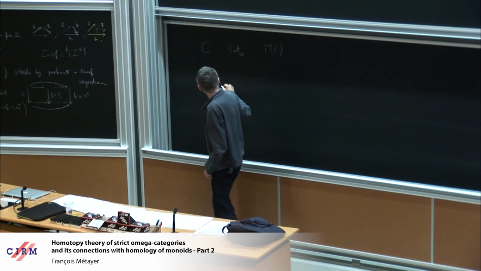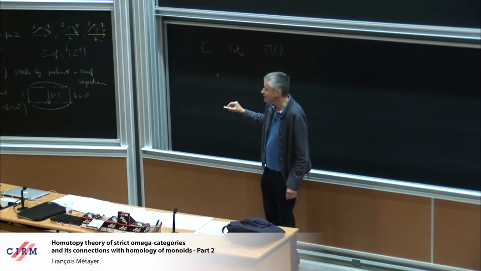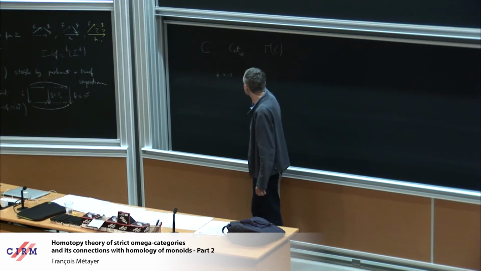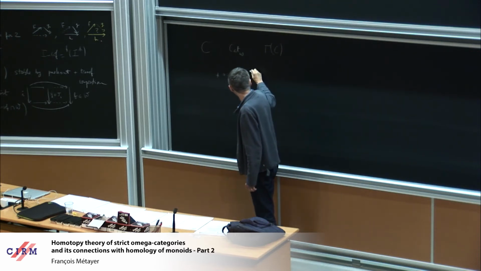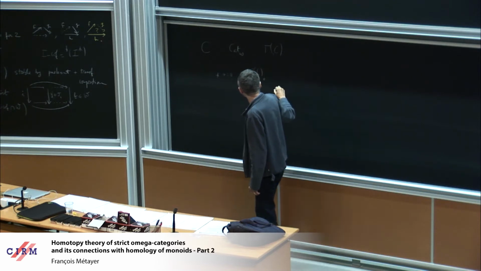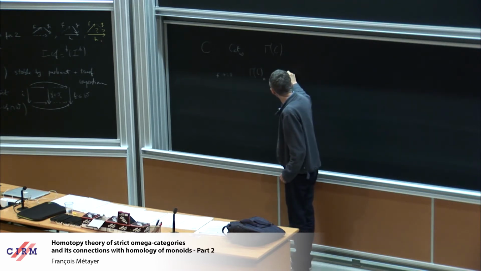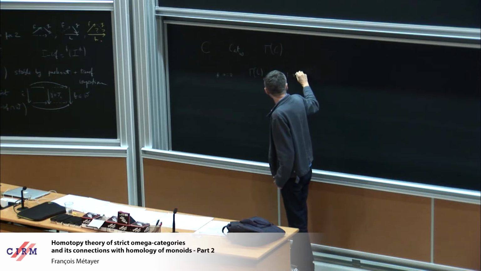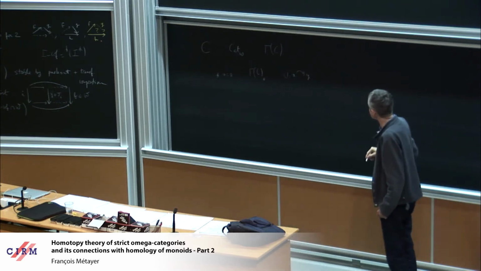It's defined by induction on n. If n equals 0, then a 0-cylinder, somebody in Γ C 0, so it's U, and it comes with a top and a bottom, so it goes from one 0 cell to another 0 cell.